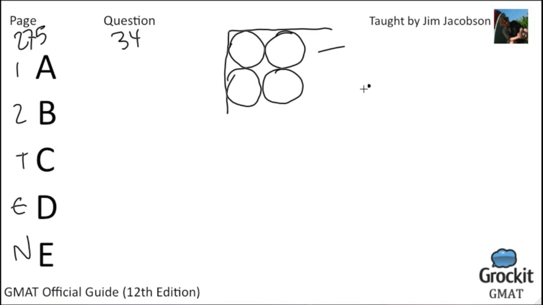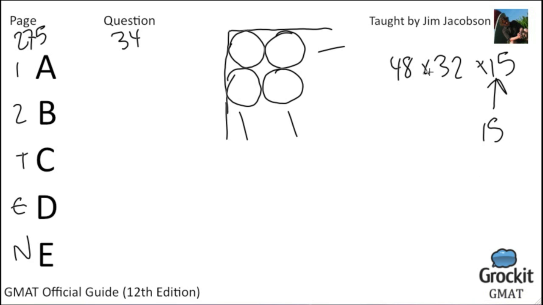And then, that keeps going in all directions. So the things that we can figure out from the question before we even hit the statements. One is, the box is 48 by 32 by 15. The cans themselves are 15 high. So they fit exactly into the height of the box.